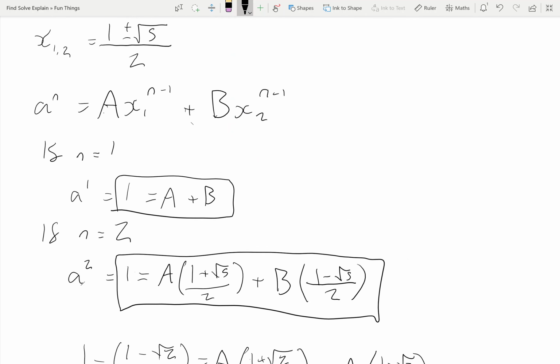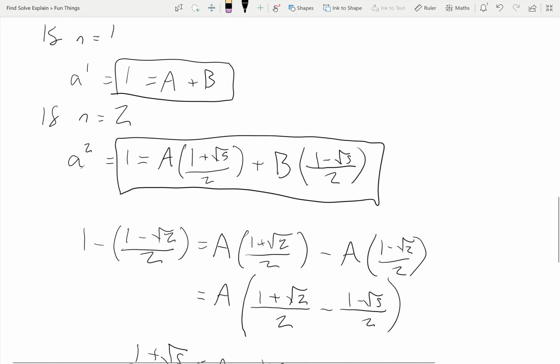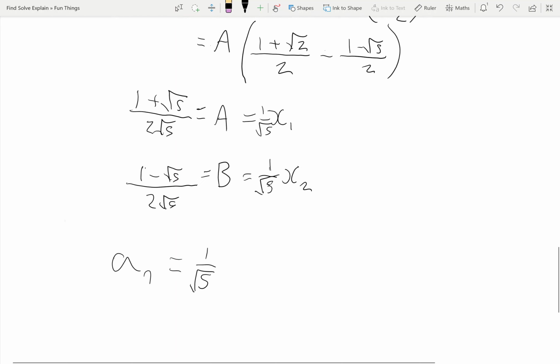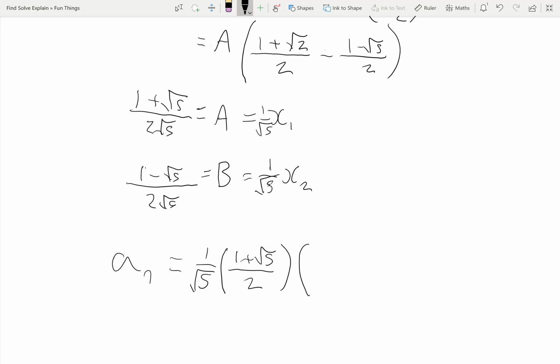Basically, we're just taking this and substituting in all the values that we've gotten. And what in the end this becomes is 1 over root 5 times 1 plus root 5 over 2 times 1 plus root 5 over 2 to the n.